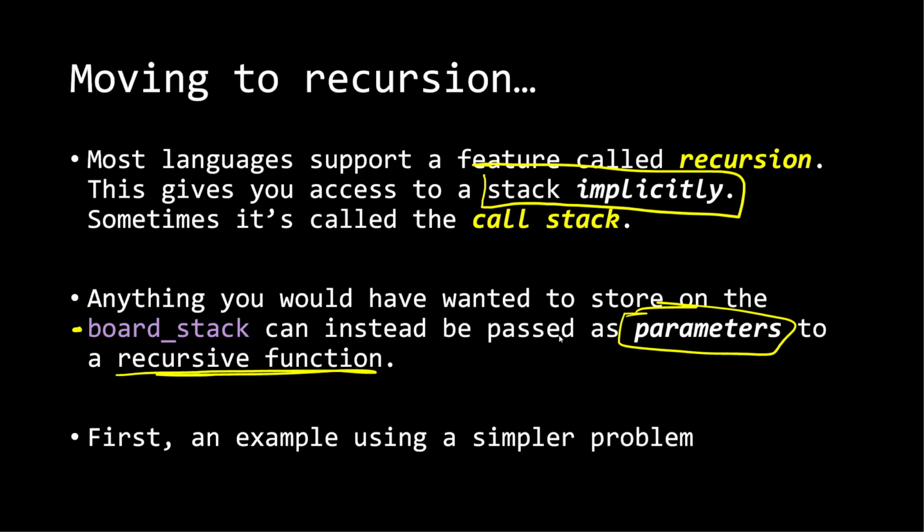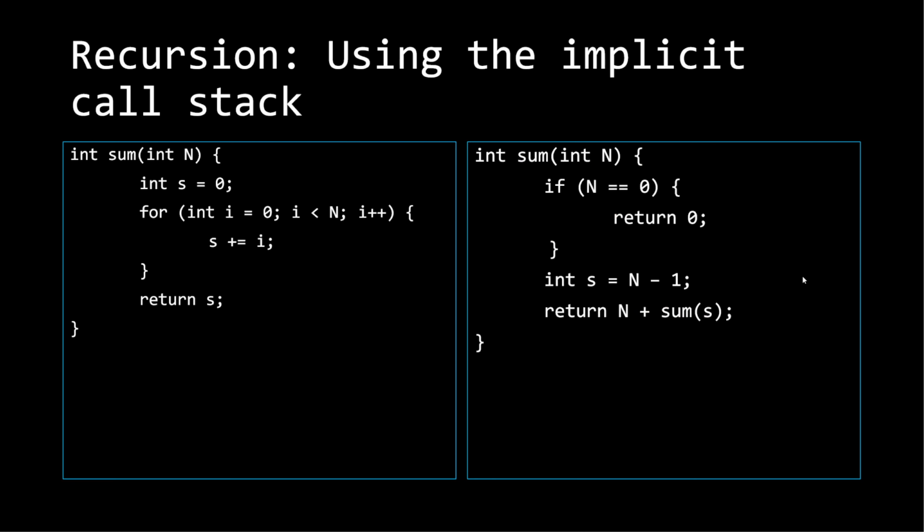This is very important, very, very important. These parameters serve as the context under which the recursive function will execute. Okay, so let's look at a very simple example, and then we're going to generalize over to the n queens. The example I'd like to look at is a sum implementation.